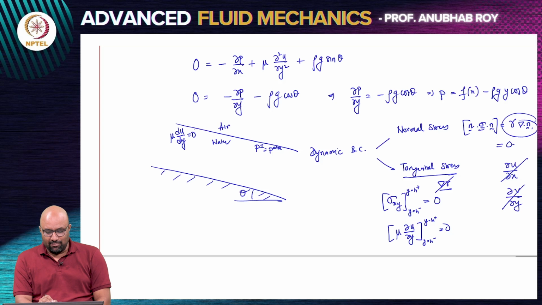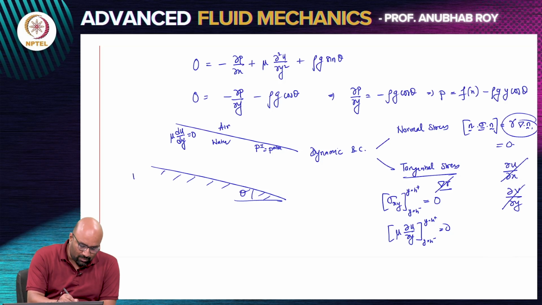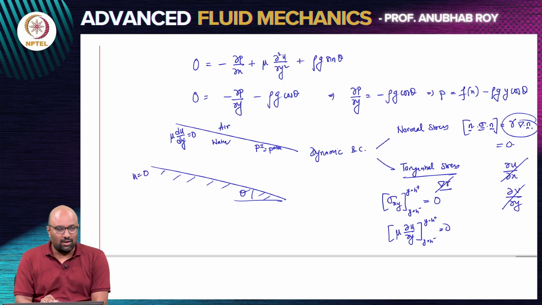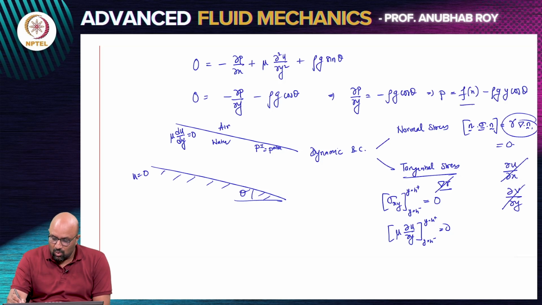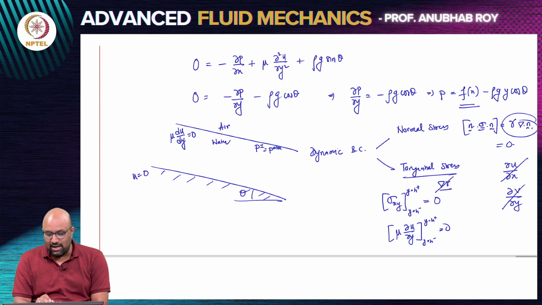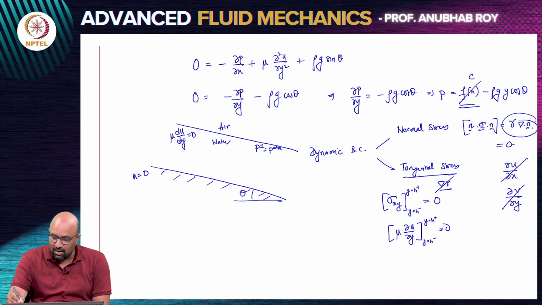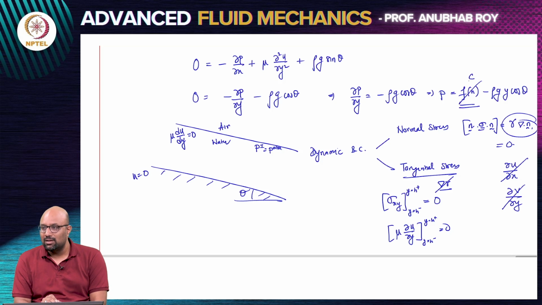So, now we have more or less everything. At the bottom plate velocity is 0, at the top the velocity gradient is 0. Velocity is not 0 any longer at the interface, velocity gradient is what is 0, and pressure is equal to atmospheric. Which means that if pressure is equal to atmospheric pressure at every location, f of x has to be a constant, it cannot be a function of x.